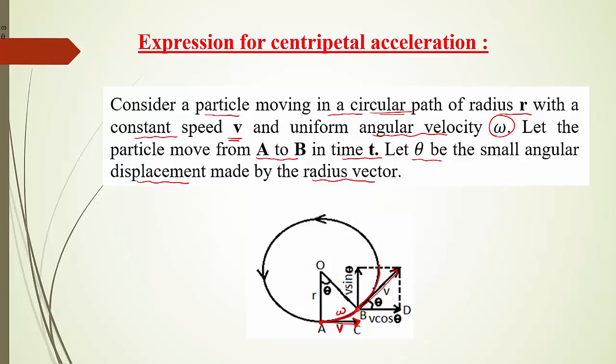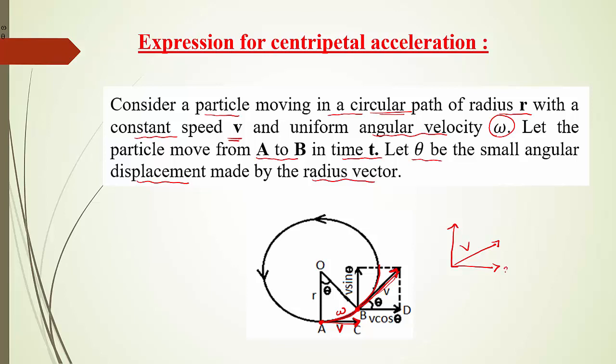Now we can consider vector v. v is a velocity, right? This velocity I am going to divide into two components, because we already studied that a vector can be divided into two components. Resolution of a vector we already studied in this chapter, motion in a plane. When a vector is split into two components, we call it resolution of a vector.